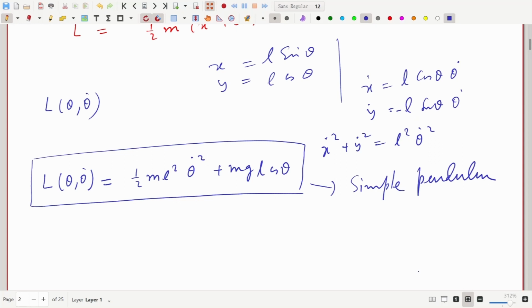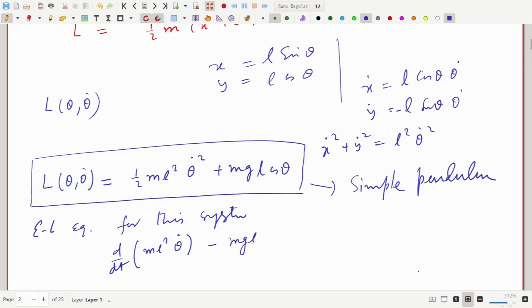Now we know the equation of motion for a pendulum. So let us find the Euler-Lagrange equation for this system. If we find d/dt of ∂L/∂θ̇, it will be mL²θ̈, minus ∂L/∂θ, which is mgL(−sin θ), and this will be equal to 0.